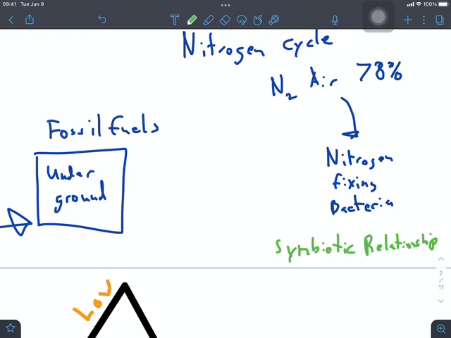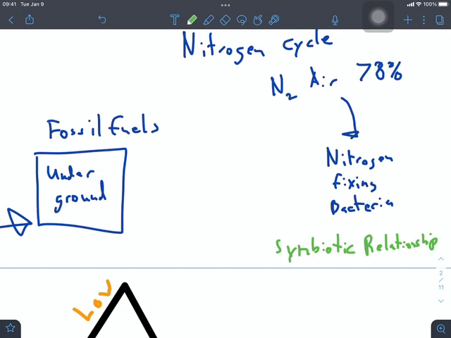Now, nitrogen-fixing bacteria can't exist where oxygen is, and plants can't exist without nitrogen. So therefore, there are certain species of plants that have developed little homes or nodules. Those of you who perhaps like to garden and produce legumes or beans may have noticed when digging up some of these bean plants that they have little nodes or bumps on their roots.